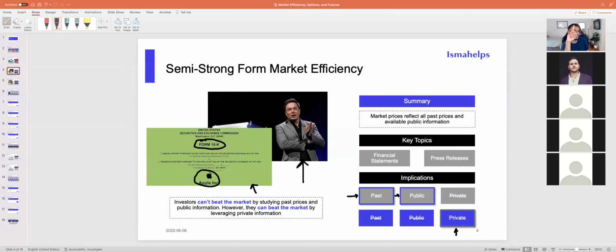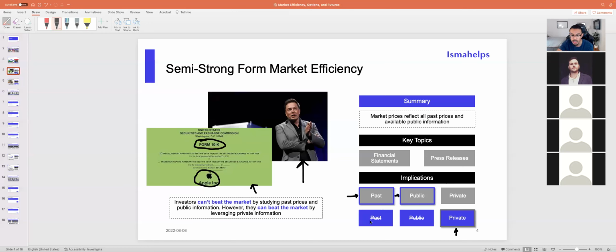We miss one last answer. Exactly, that's the best answer right there because it explains why. Private information could be used to earn abnormal returns since public and past information are already priced into the market prices. Now, that's super important.